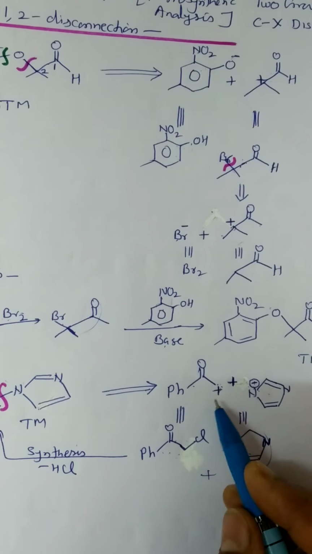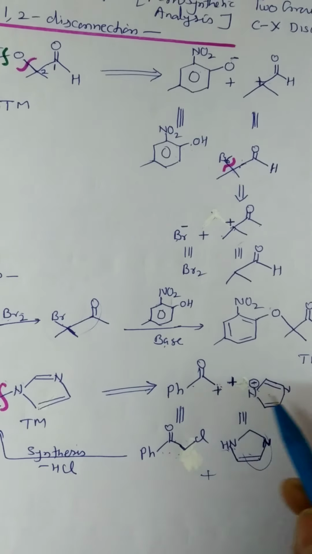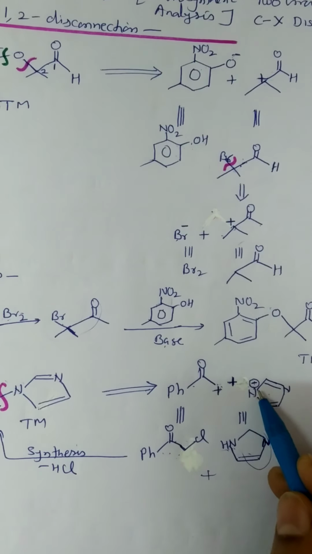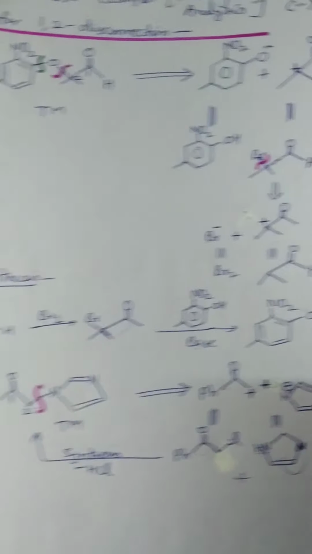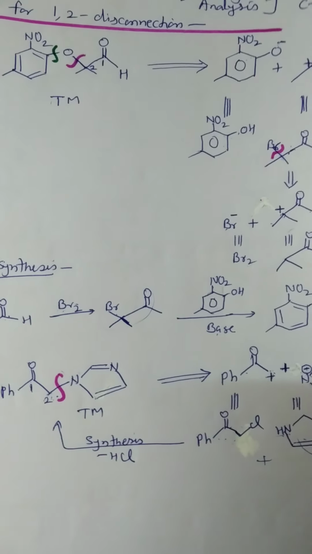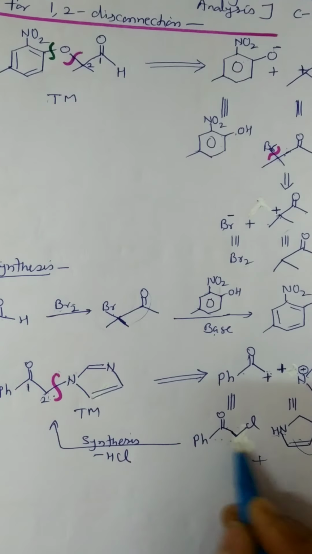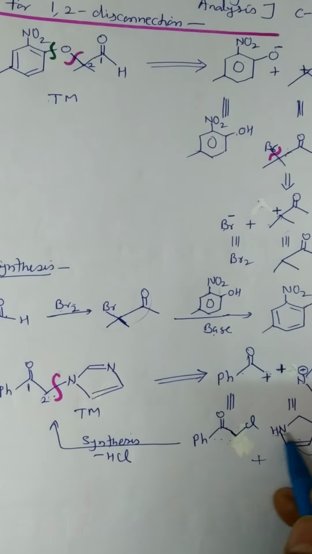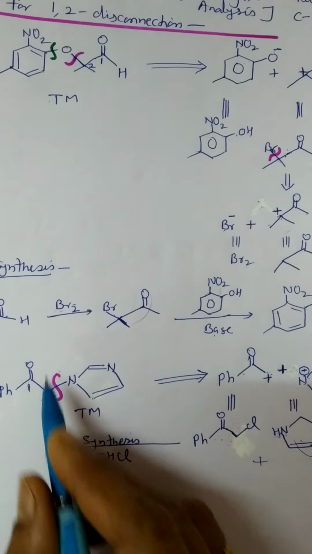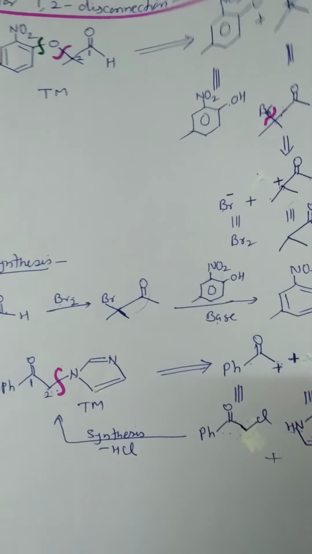By adding a negative atom to this positive part, and by adding a positive atom to this N minus, we get these two synthetic equivalents. For the synthesis, these are the starting materials. By adding these two compounds, we get our target molecule.